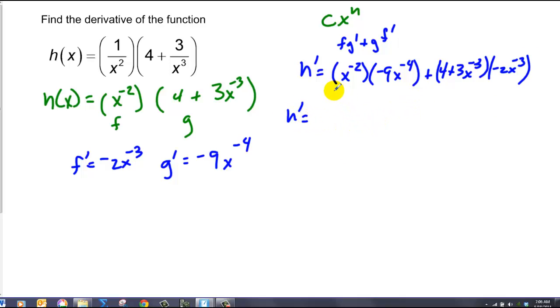Once again, I have some common terms, and I might even be able to add some like terms.